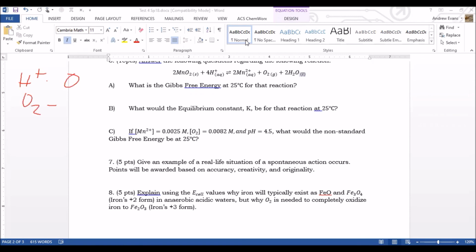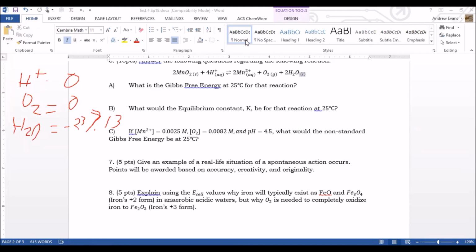O2, because it's a pure gas, is 0. Water. Note, water is in liquid form. So water in liquid is negative 237.13. We want to make sure you're using them in the proper formats.